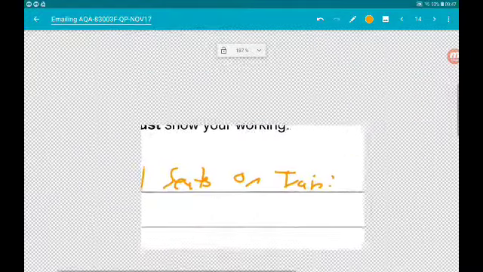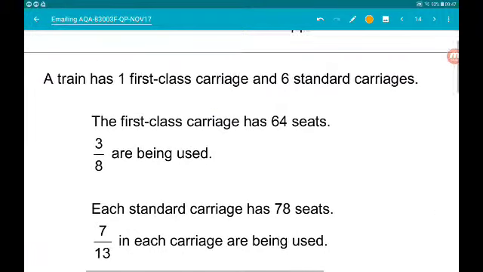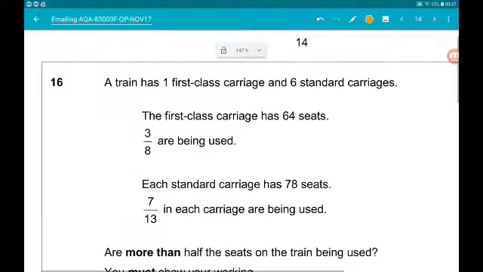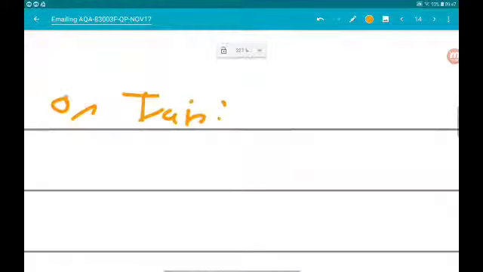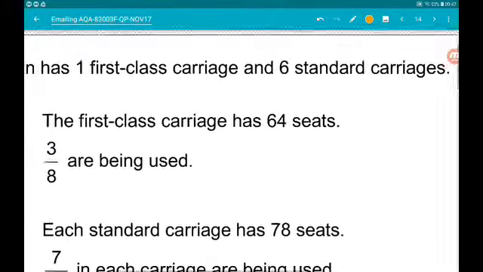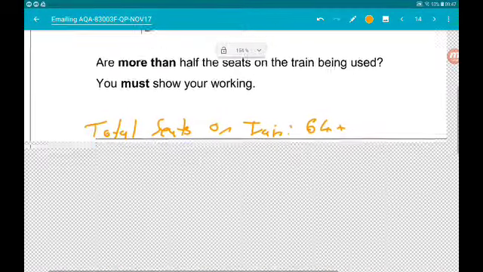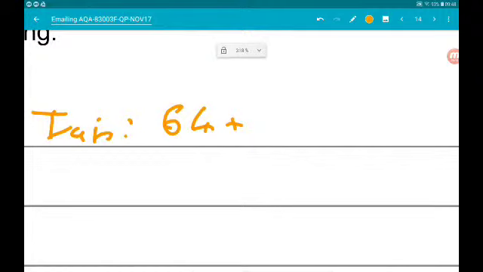So, let's work out the total number of seats on the train. In the first class carriage there are 64 seats. Now there's only one of those, so that's 64. And then we got 6 carriages with 78 seats. So we got 64 and 6 times 78.